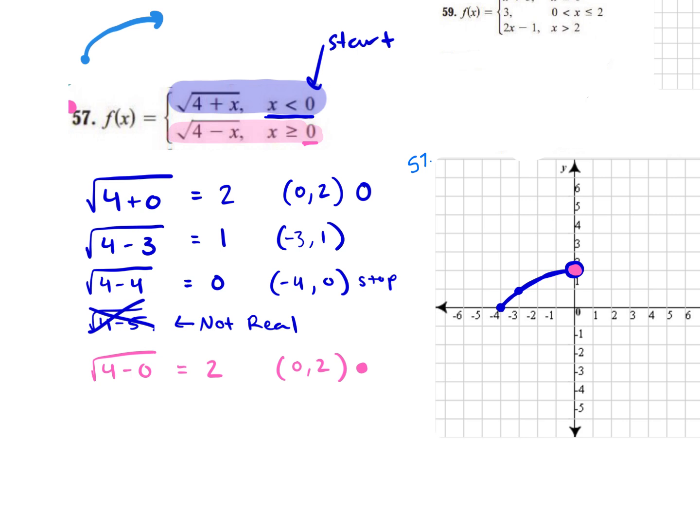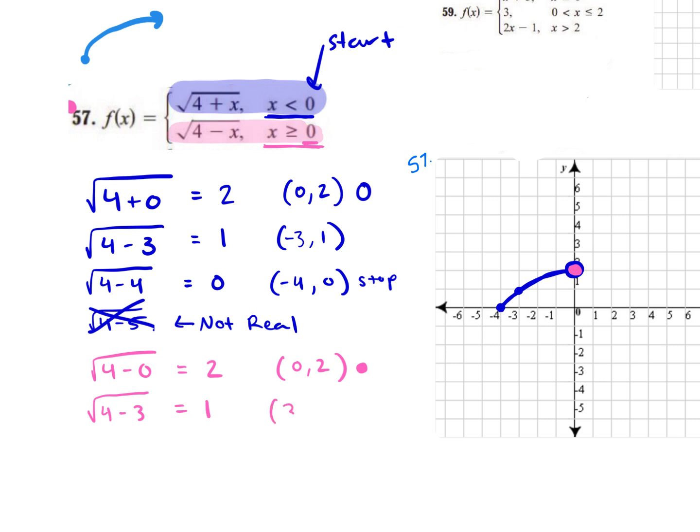So I'm going to stay at 0, go up 2, put a closed circle. What would we plug in next? Three, great choice. We can plug in anything greater than 0. 3 is a great choice because we know it's going to give us a whole number. So we have 4 minus 3, which would be 1. Square root of 1 is 1.